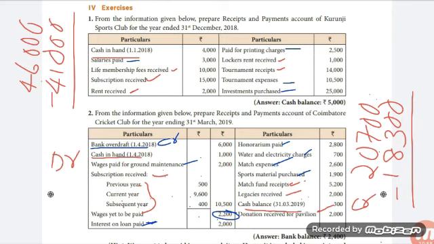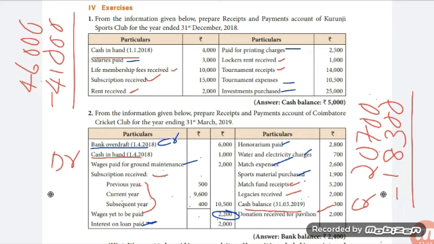Okay, then next receipt. What is the next receipt? Match fund receipt. To match fund 5200, to legacies received 2000. Okay children, that much only receipt.